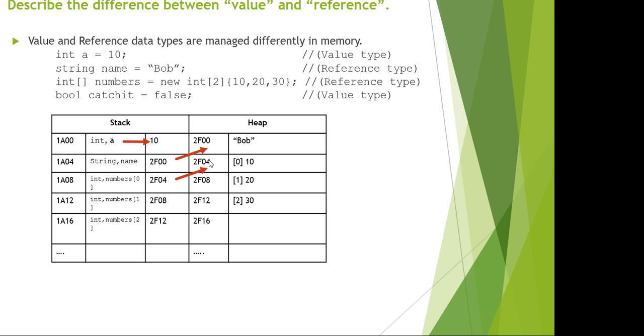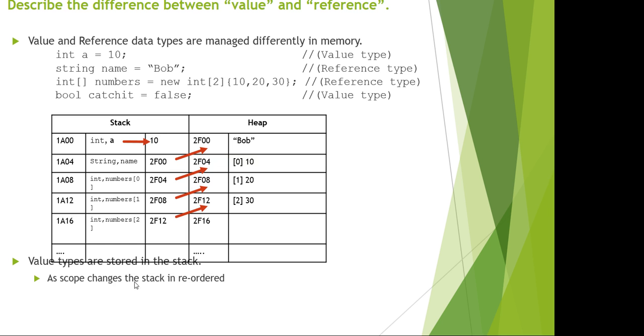This particular address is what we're referencing if we need to know exactly what we're going to place into it, and we could do that many, many times. So value types are stored in the stack right here, and reference types are stored using the name of the location, the address of where it can be found up on the heap.